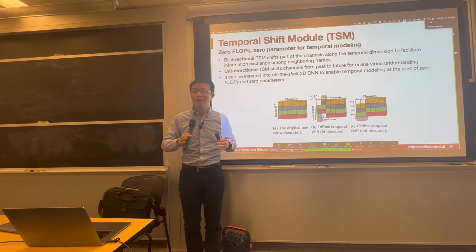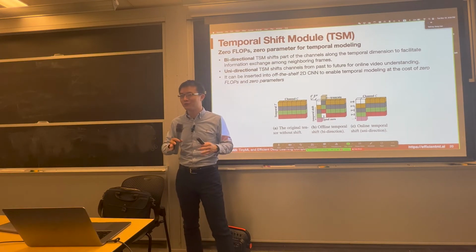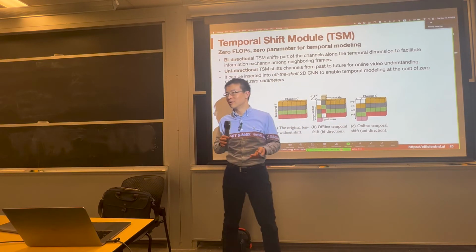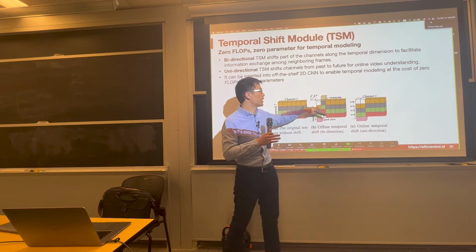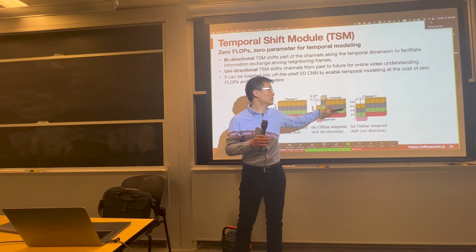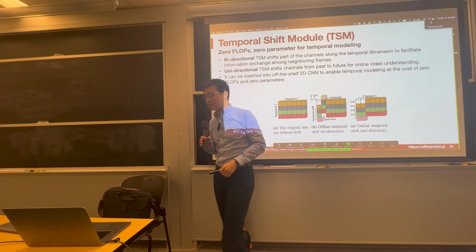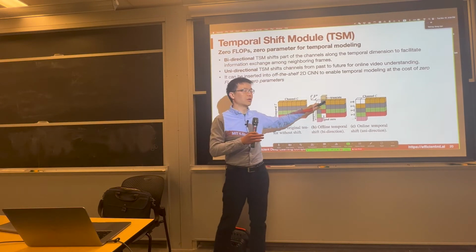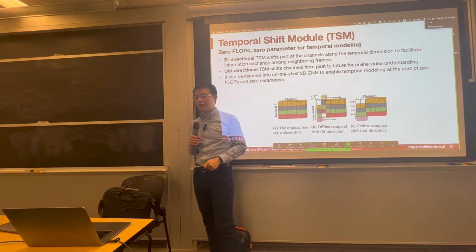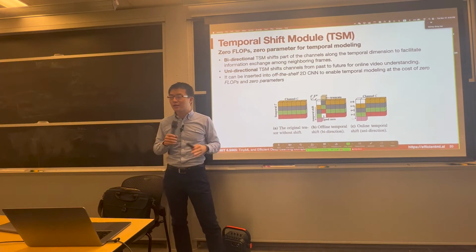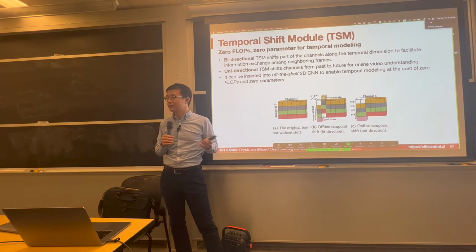We also want the current frame's spatial information, right? So this is a trade-off between spatial modeling and temporal modeling, right? Here we have the previous frame and the next frame, but we still need a lot of information for the current frame. Empirically, we shift about 1/8 of the channels. So what is the computation overhead here?